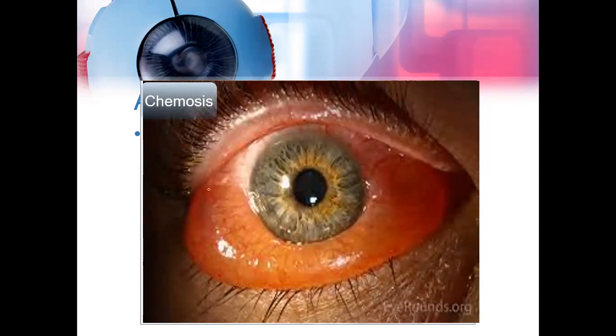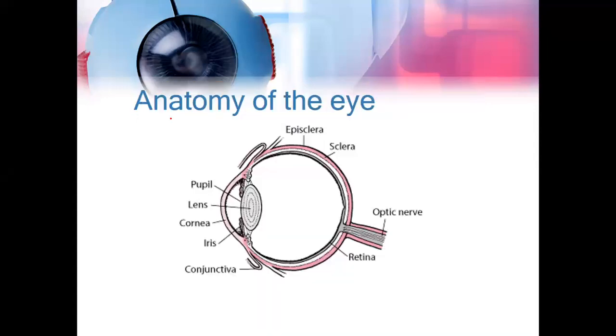Okay, so chemosis is actually just the edema of the conjunctiva. That's how we call this. The edema of the conjunctiva is just called chemosis. I did not hear about this term until I was already a doctor, so don't feel bad.